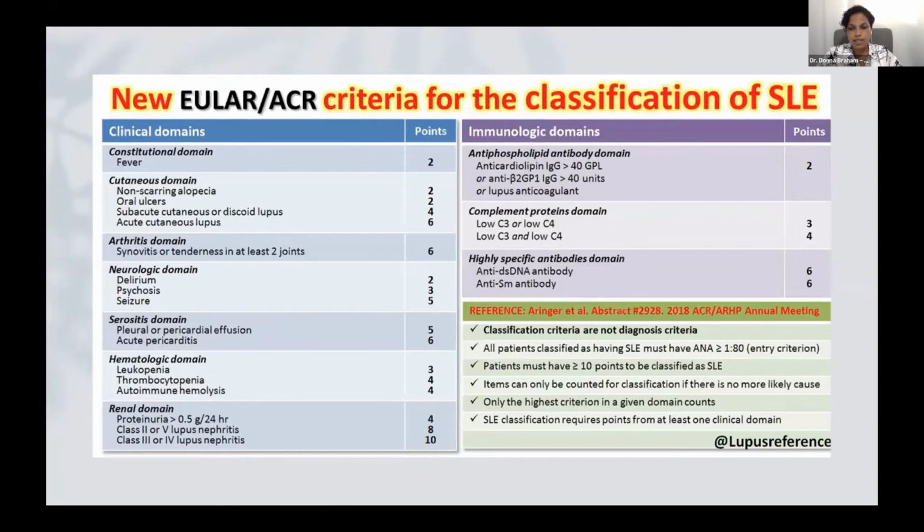Patients must have greater than 10 points to be classified as SLE. And as we notice, the cutaneous domain includes non-scarring alopecia, oral ulcers, subacute cutaneous or discoid lupus, and acute lupus in the criteria.